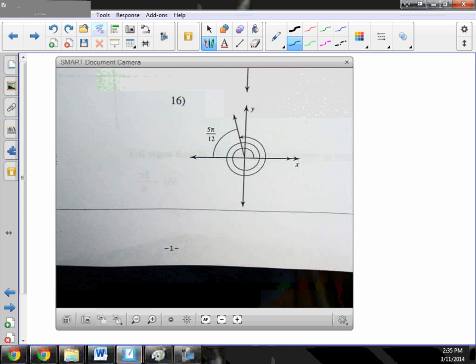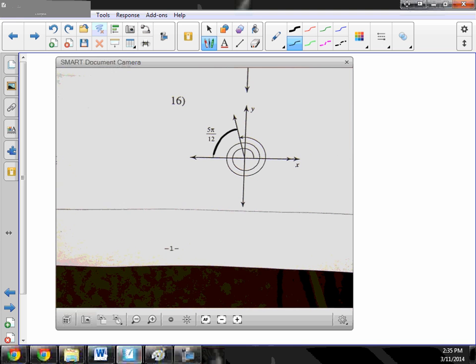So, if we know that this angle, the reference angle, is 5 pi over 12, what is the positive angle that goes around 1, 2, and a little bit extra? Well, to go around twice would be 4 pi, right? And then we just need to add that to what?